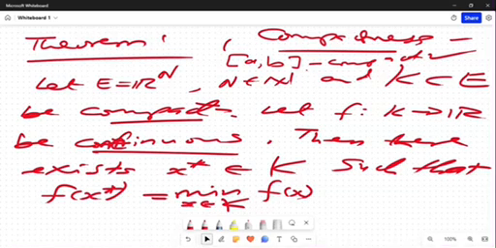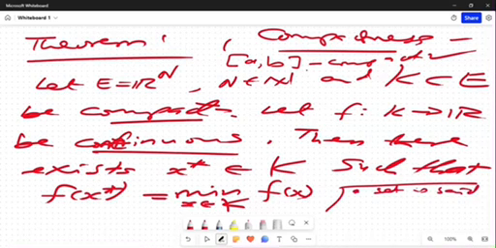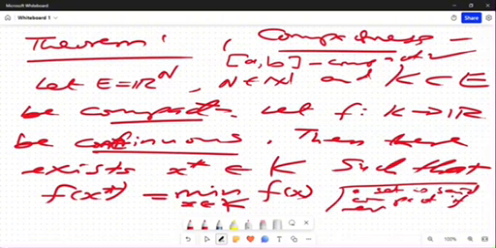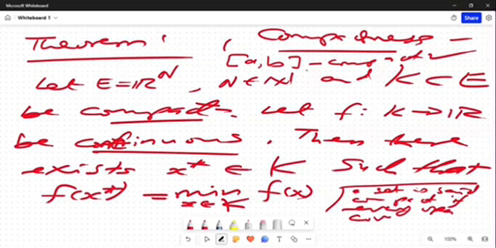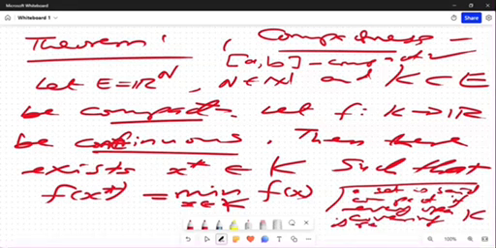Anybody? Well, let me go on. A set is said to be compact if every open covering of the set K, for instance, is reducible to a finite subcovering that covers it.